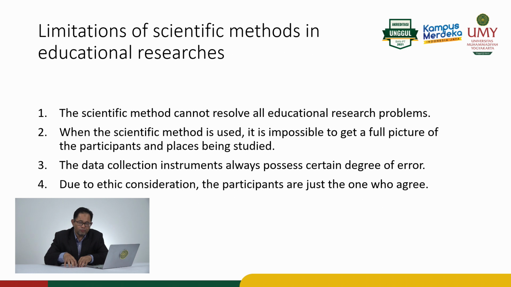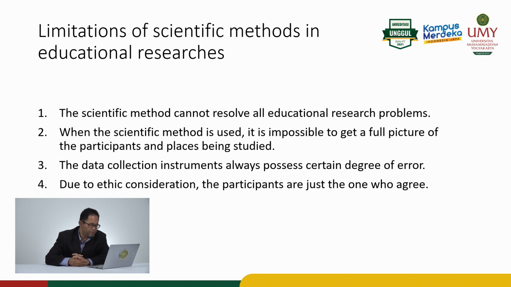Though this is a robust way, people say that this is robust, but educational research or the scientific method still has some limitations. The first limitation is that the scientific method cannot resolve all educational research problems. So, not all. Using this, we cannot solve all the problems.